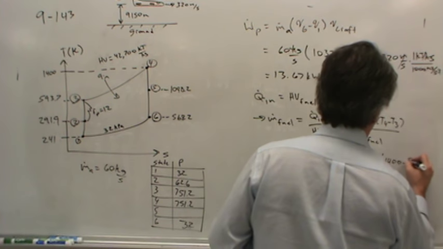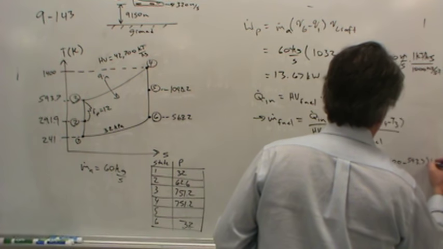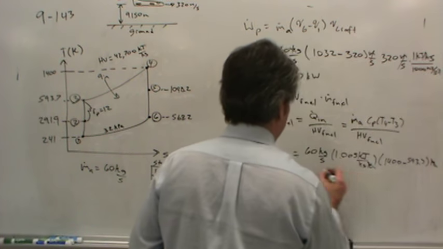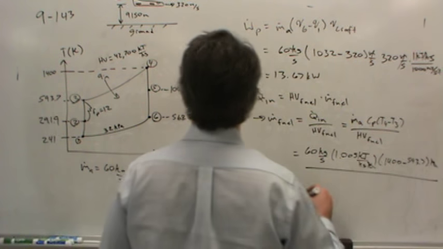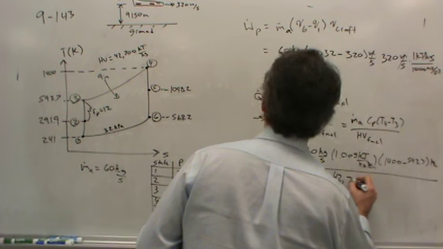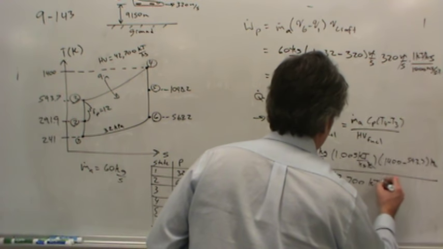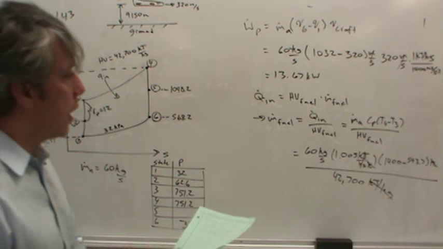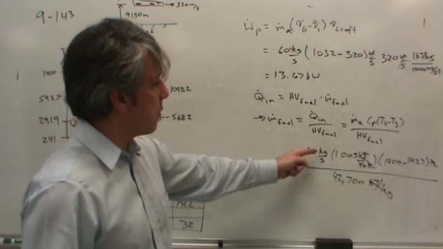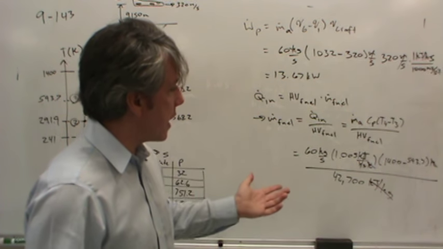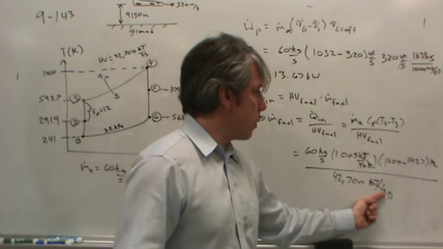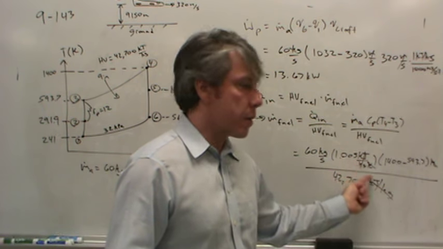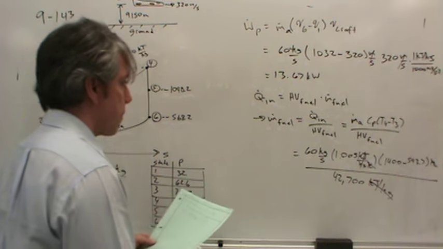T3 is 593.7. Those are both Kelvin, so now the Kelvin goes away. The heating value of the fuel, 42,700 kilojoules per kilogram. Takes care of the kilojoules and kilograms. We're left with kilograms per second, but now we're talking about kilograms of fuel. Where did that happen? Well, this is kilograms of fuel, whereas this is kilograms of air, and so that's where that conversion happened.